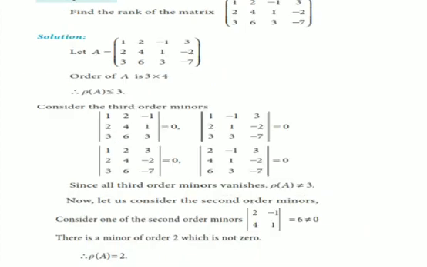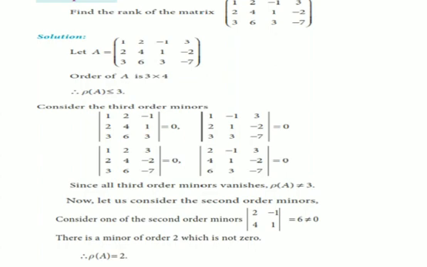Last example. Find the rank of the matrix. This is a 3 rows, 4 columns matrix, so 3 into 4. The rank of A is less than or equal to 3. Consider the third order minor. You take only 3 columns at a time.